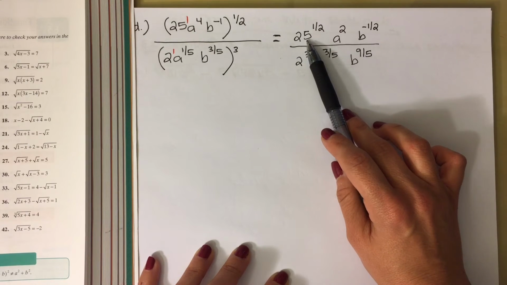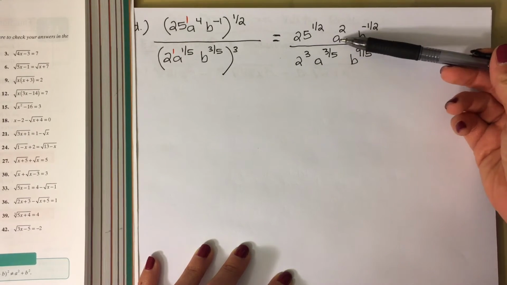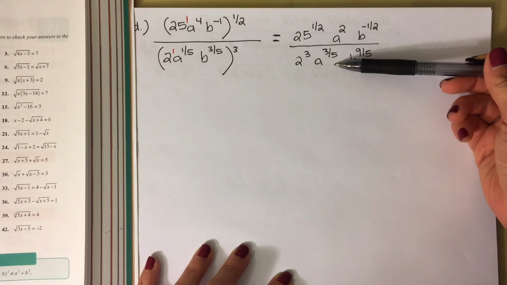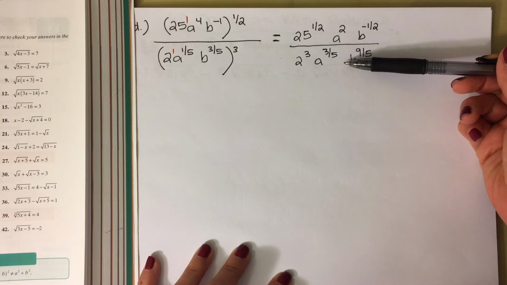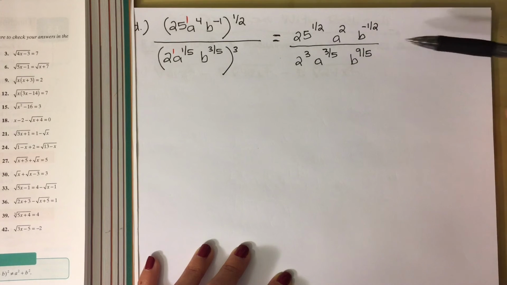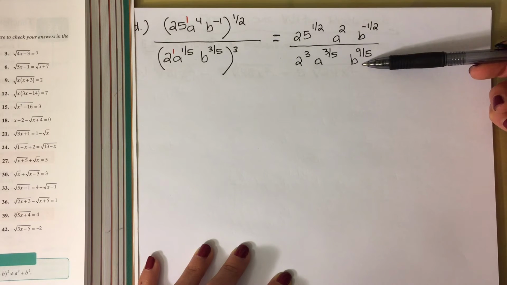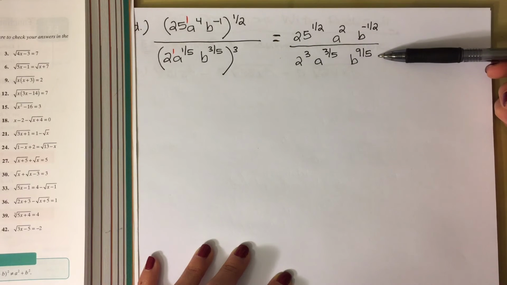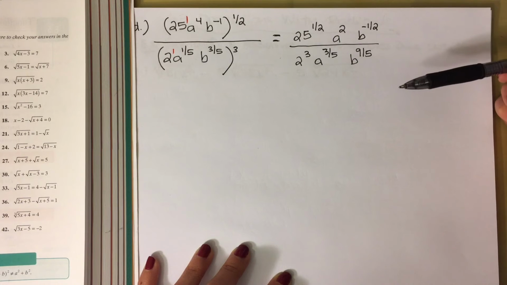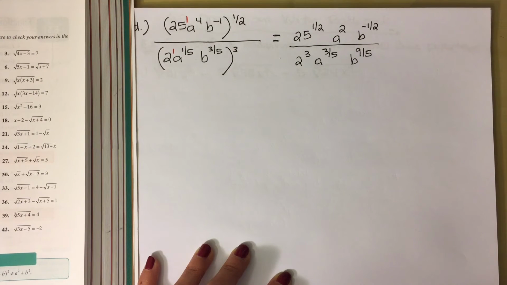So I could calculate that. 2 to the 3rd we could calculate. And then for A, since we have the same base, we're going to use the quotient rule and subtract our exponents. The same thing applies for B. Since we have the same base, we would subtract these two exponents. Just need to be careful because the exponents are fractions.